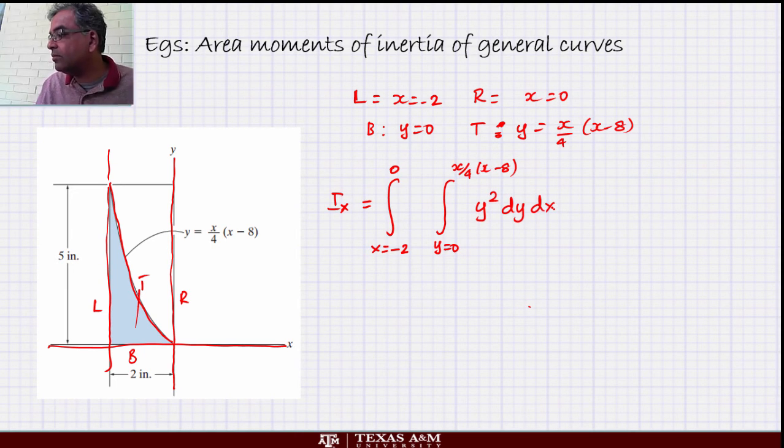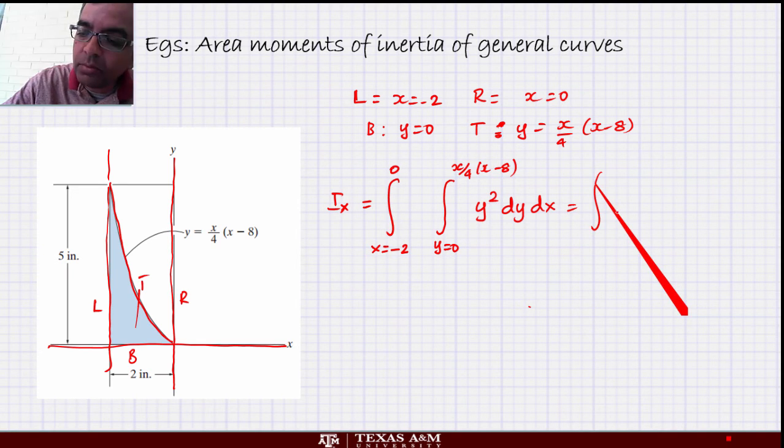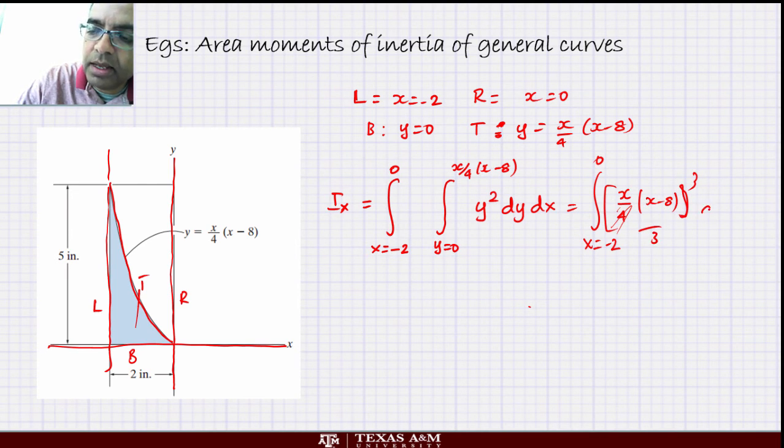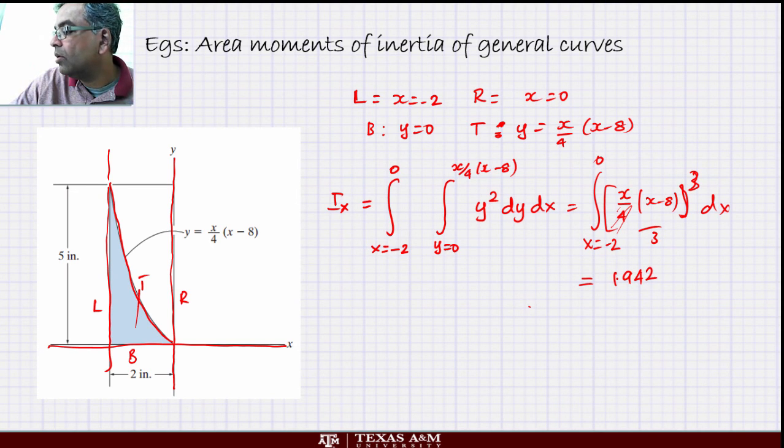If you compute this thing, this will turn out to be integral x equal to -2 to 0 of x over 4 times x minus 8, this whole thing cubed over 3, dx. You've got to expand this and integrate it out. If you integrate this whole thing out, you will get 1942 over 105.